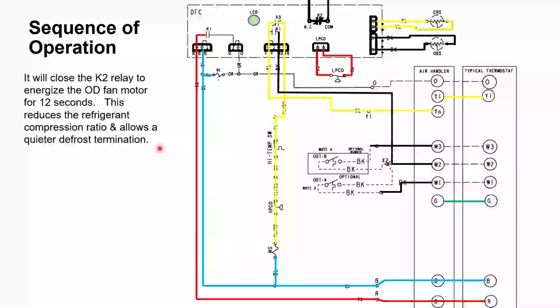We do it that way because that helps drop the compression ratio, so we don't get as loud a compressor. Like I said, we used to shut the compressor off, but that's pretty hard on compressors, starting and stopping them every time we go into defrost. During the dead of winter, we might have 8, 12 defrosts a day, so that's a lot of extra starts and stops. This way, it does a better job for compressor reliability and still keeps the system quieter.